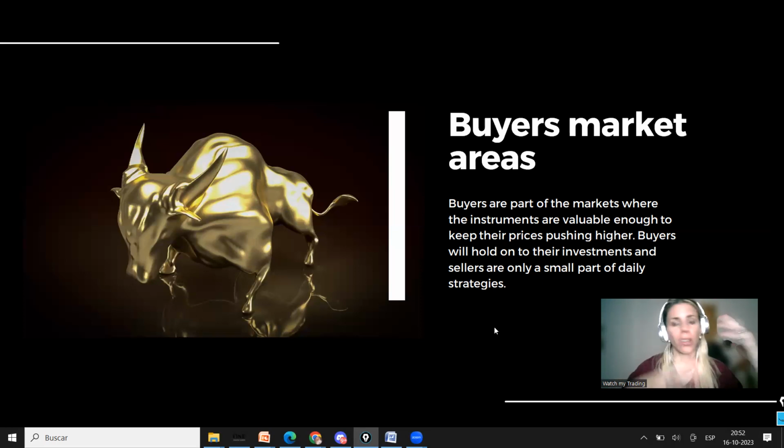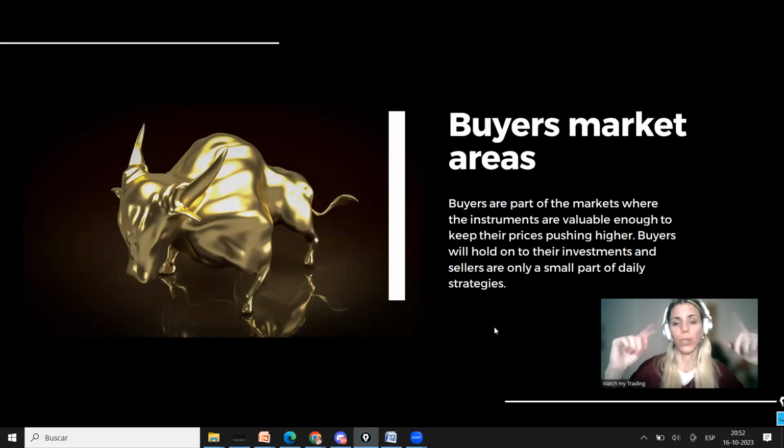And that goes on along the entire year, switching areas all the time. Sometimes the currency, for example, doesn't switch areas and you only have the euro in the sell market area. Or some years you have the euro in buyer market area and they don't switch. They're always in just one market strategy.